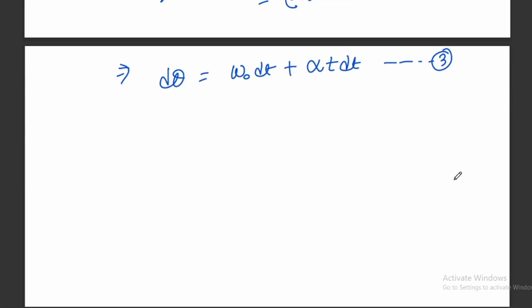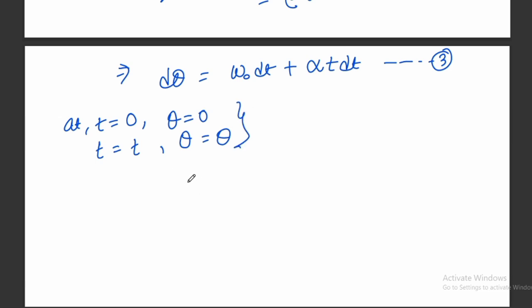Now again at time t equals 0, the angular displacement was 0, and at time t equals t, the angular displacement was theta. Now integrating equation 3 within the above limits, so we will get omega naught dt plus alpha t dt.